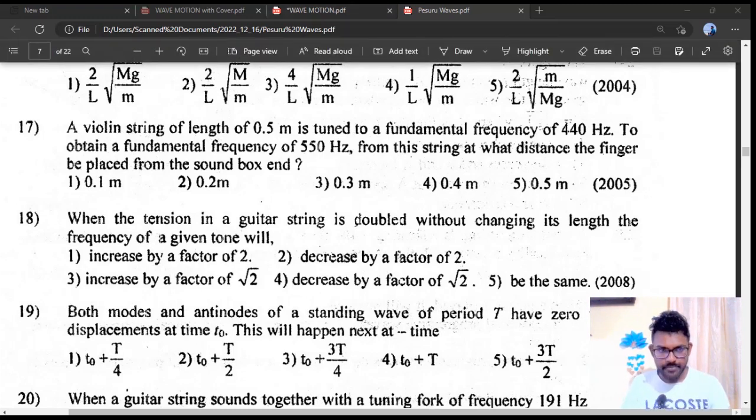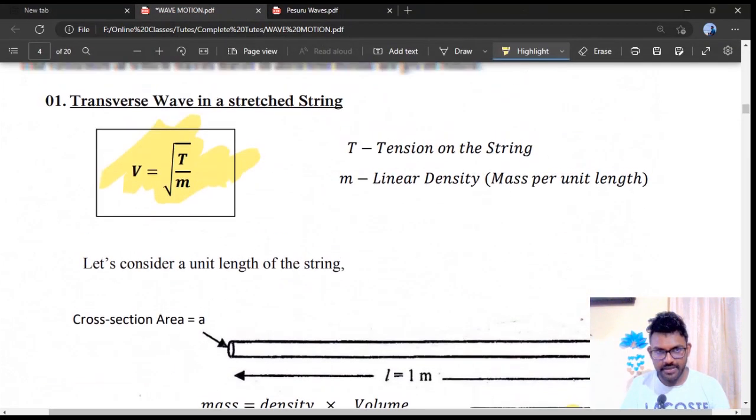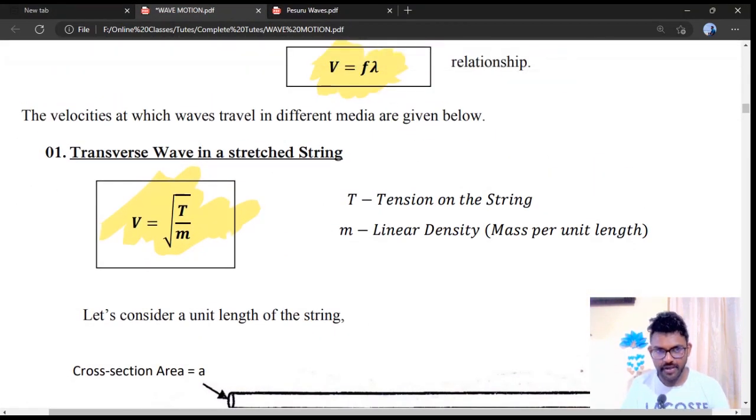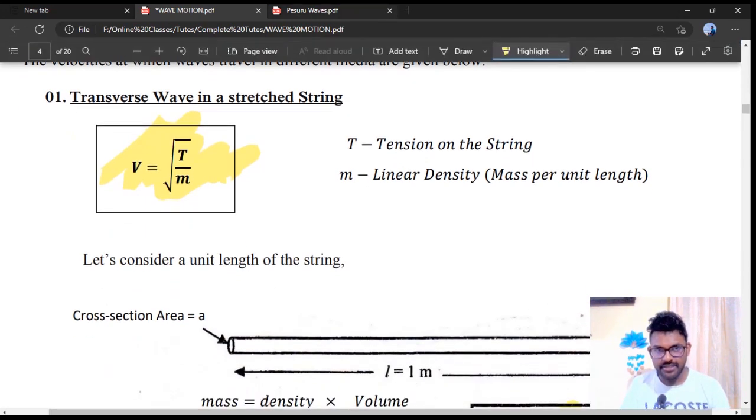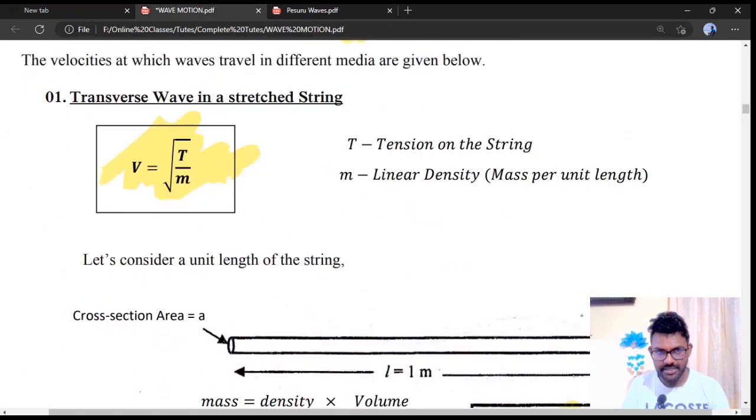Now it is asking that when the tension of the guitar string is doubled, which means the tension is doubling. How can we find out the velocity of a transverse wave through a stretched string? Well, by V equals root T over M, right? Given in this question, we just double the tension without changing the length.